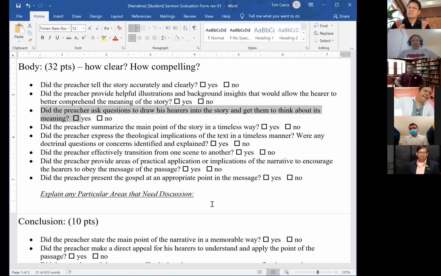So I think I've said this before to you guys, but I think narratives are probably the least effective expository preaching.